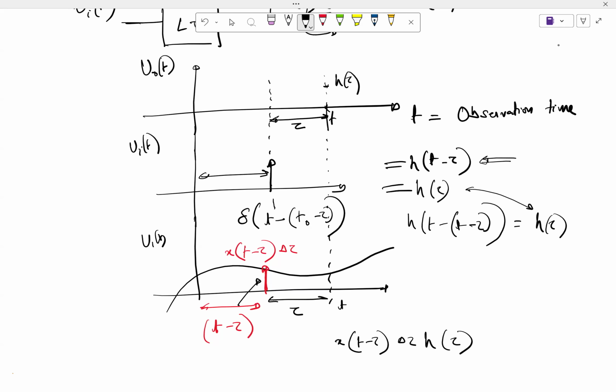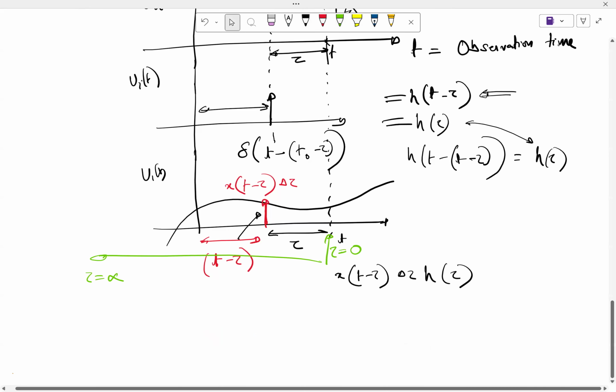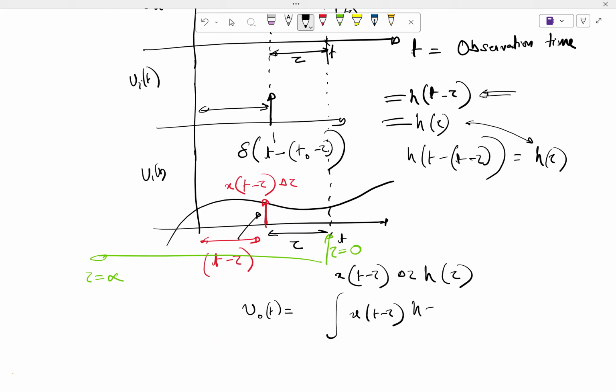So for that, I have to integrate from tau equal to 0, which means this point, and go all the way this side, that is tau equal to infinity. Your output hence will be the integral of x of t minus tau, h of tau, d tau, from tau equal to 0 to infinity.